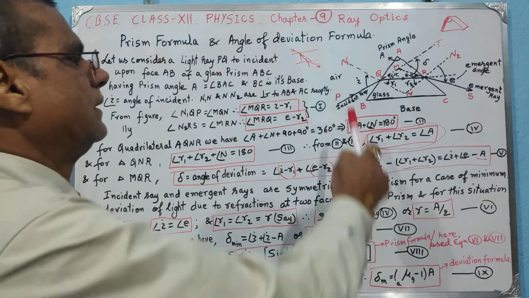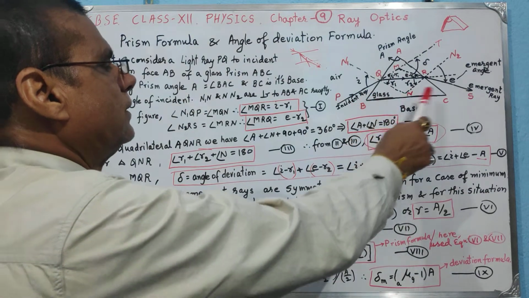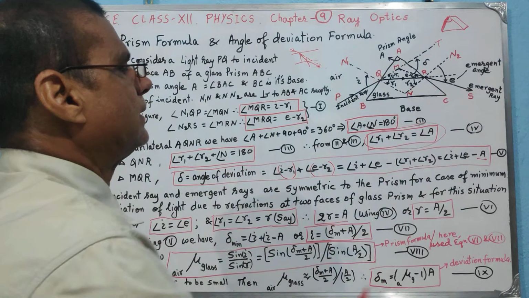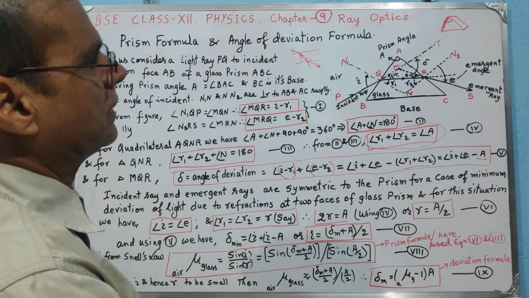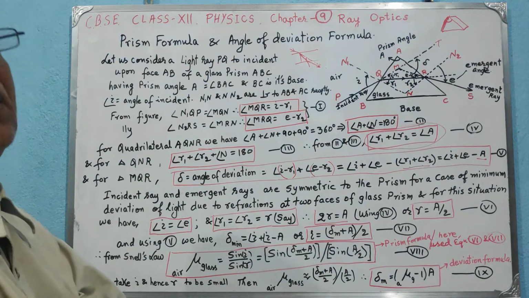If the two angles at the bases of the glass prism are equal.